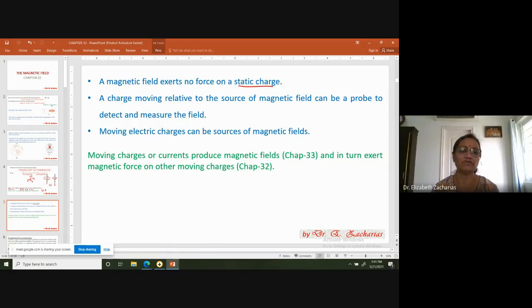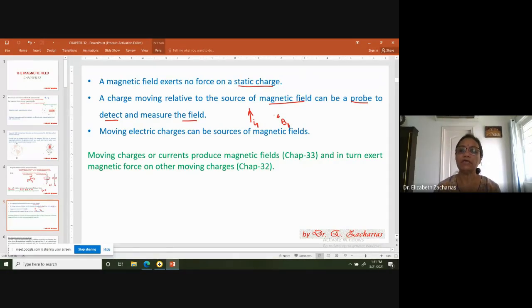The second point is a charge moving relative to the source of a magnetic field can be a probe to detect and measure the field. If I have a current carrying conductor, and I'll call it I1, if this sets up a magnetic field here, and I'll call it B1.